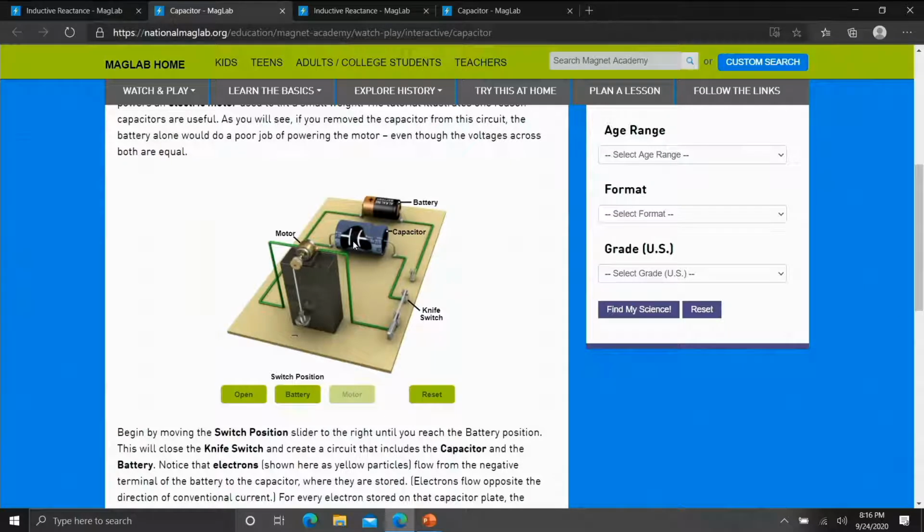No voltage across the capacitor. We have a discharged capacitor. Going back to the battery, we'll charge the capacitor and build up an excess of electrons on the right side, and we'll draw off electrons from the other side, so we have a deficit on the left and we have an excess on the right.